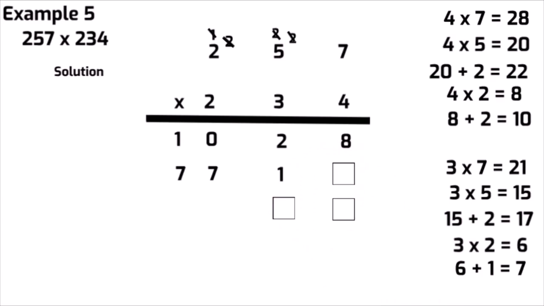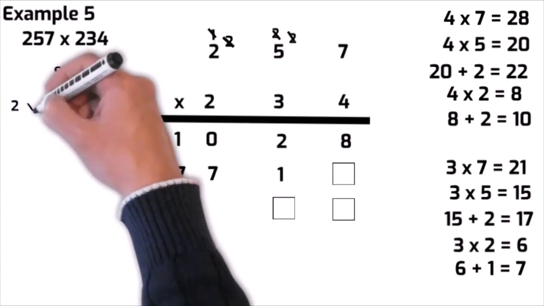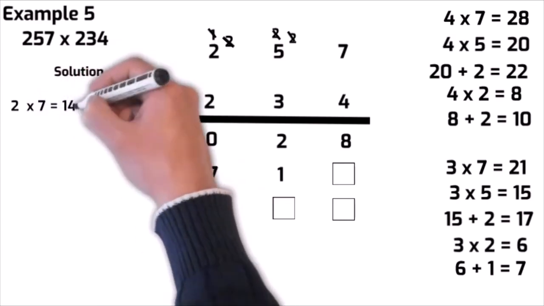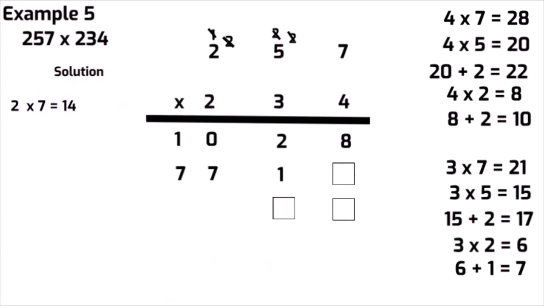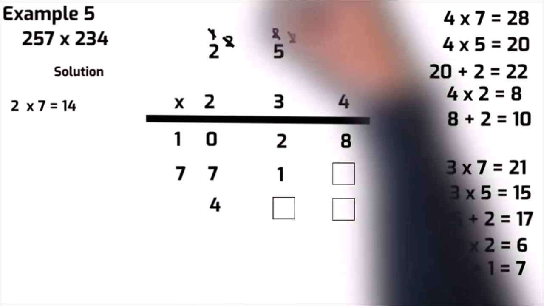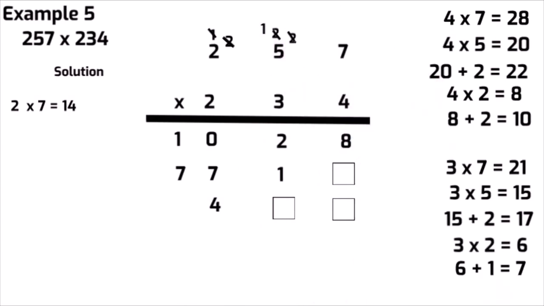For the third multiplier, we say 2 times 7. 2 times 7 is equal to 14. So we write down 4 and carry 1 to the left of our multiplicand.